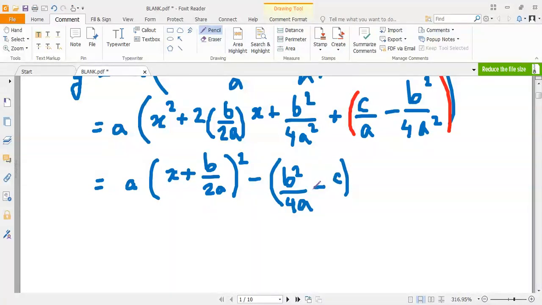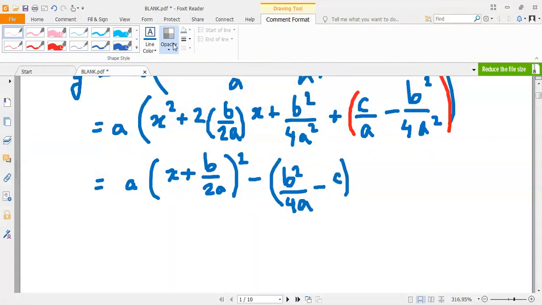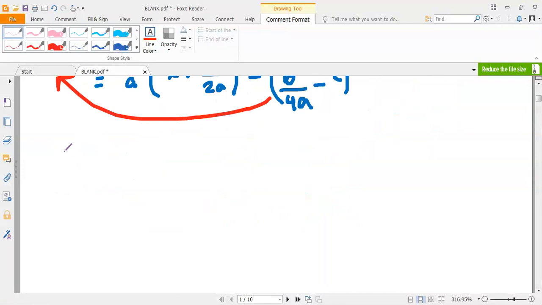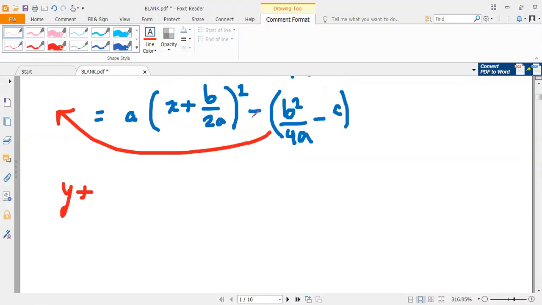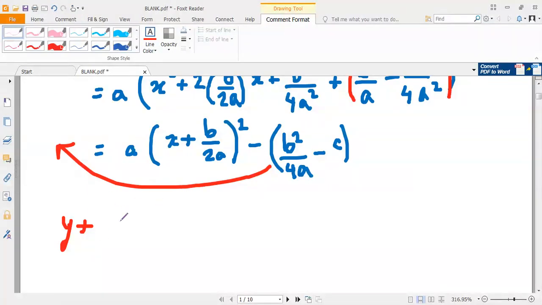Now, what I can do is take this expression to the other side. So what I'm left with is y plus, because this minus goes over to the other side, so I have plus this expression. This expression can be rewritten as b square minus 4ac.